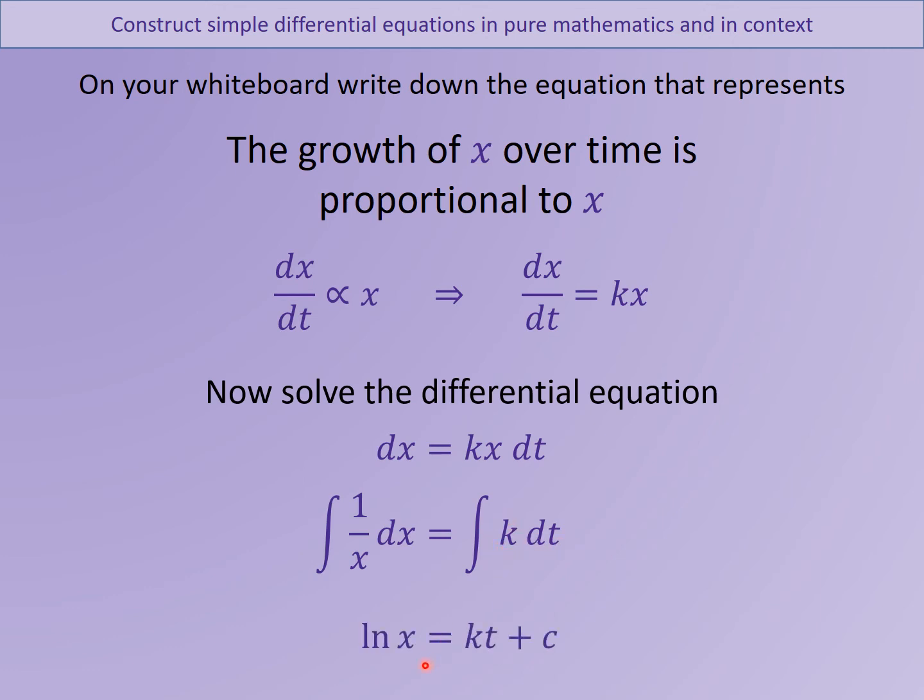That's just going to go to kt, plus this extra constant of integration. Remember, the k value was from the proportionality. It wasn't a constant of integration. So I need this extra plus c. There we go. I've got my equation sorted out. I might need to do more work on that in a proper question, but we'll come back to that later.